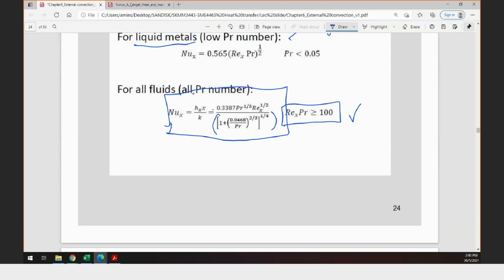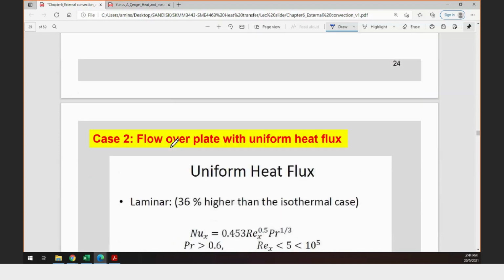Sometimes when you choose it and it does not meet the condition, then you have to go back to the original or the earlier equation. So before you choose, make sure the equation that you choose has the condition that meets the problem that you are currently doing.